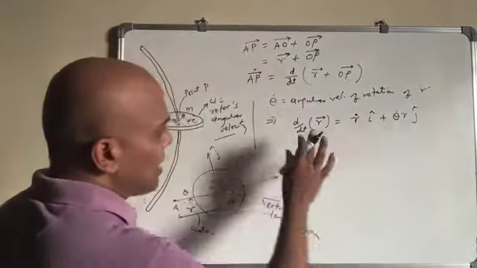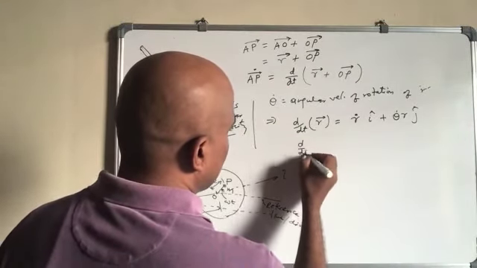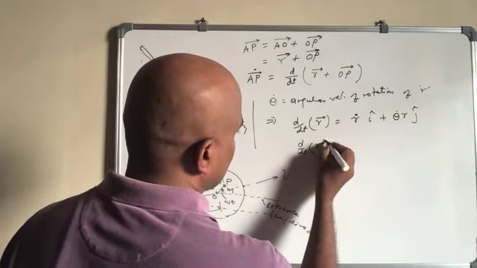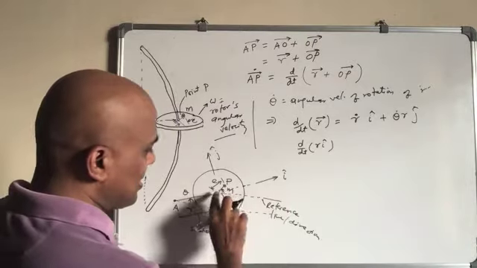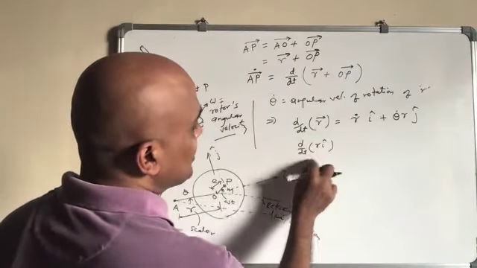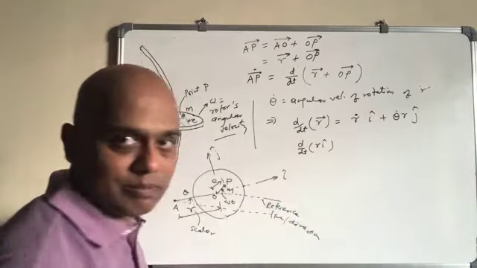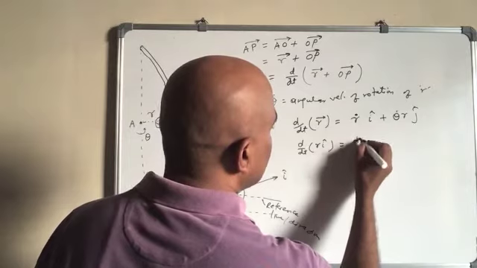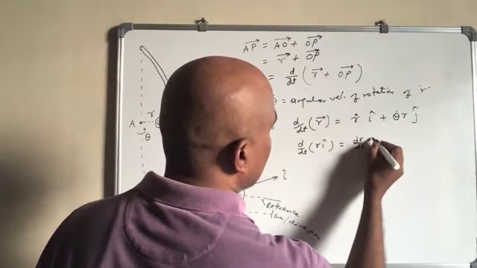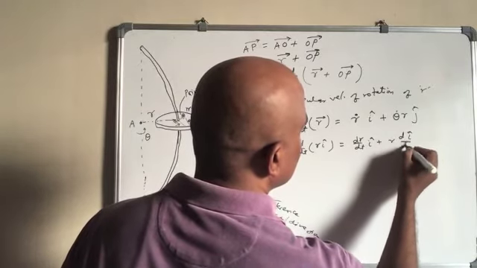Remember, we can also derive this as follows. d over dt of r i. We know that I is this direction and r is in that direction only. So d over dt of r i, where r is a magnitude and direction is I, gives dr over dt i plus r di over dt.